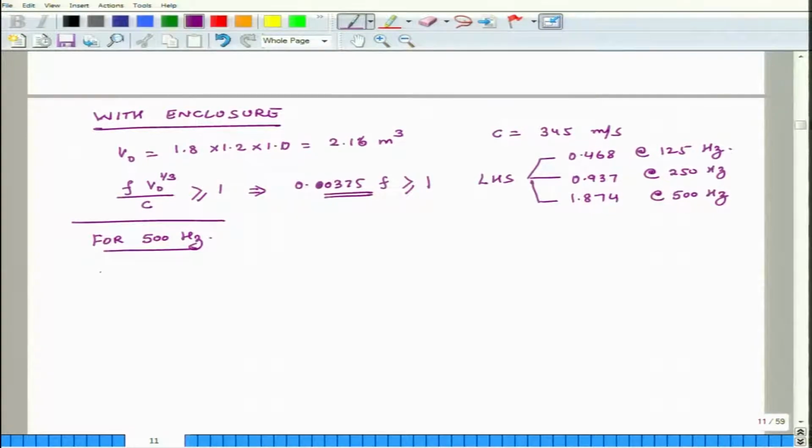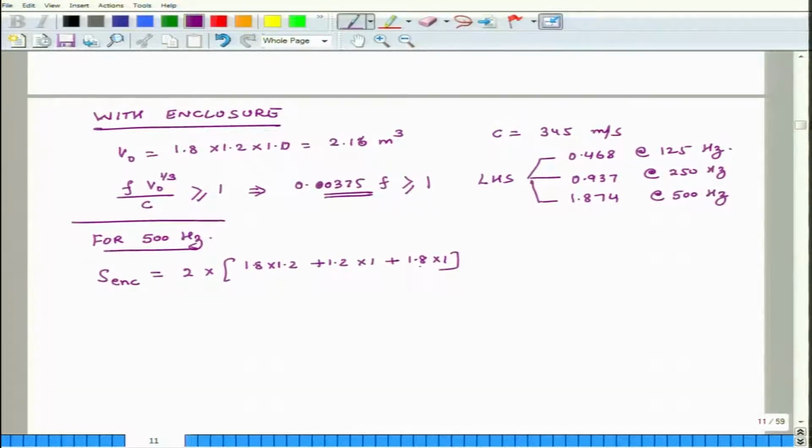Okay. So, what is the total internal surface of the enclosure? If I take out the windows, it is 2 times 1.8 into 1.2 plus 1.2 into 1 plus 1.8 into 1.